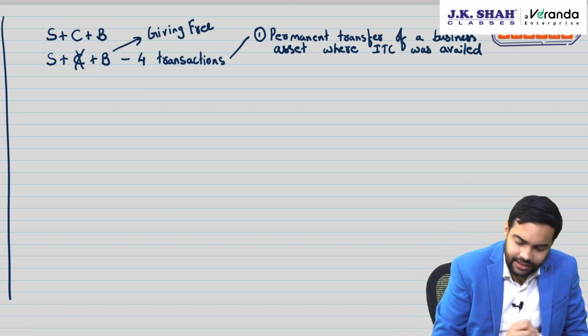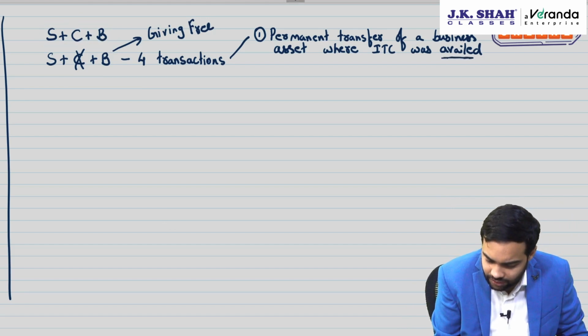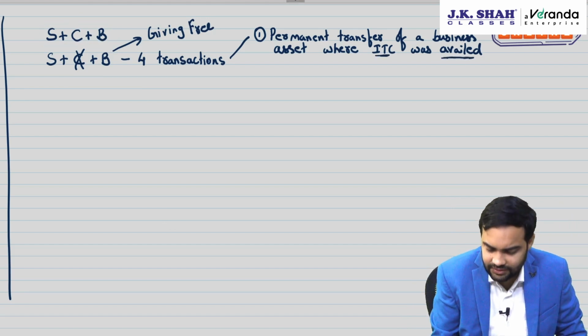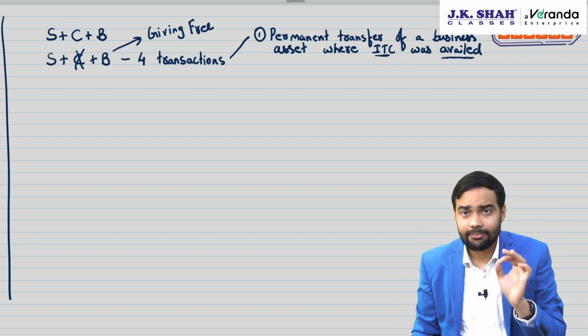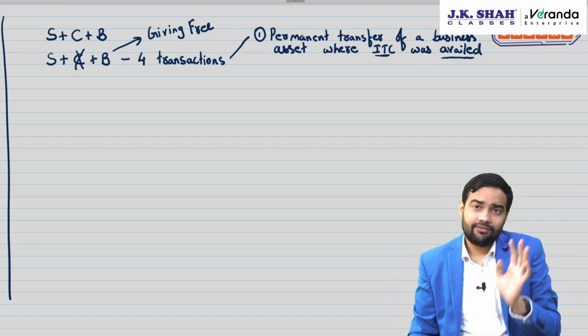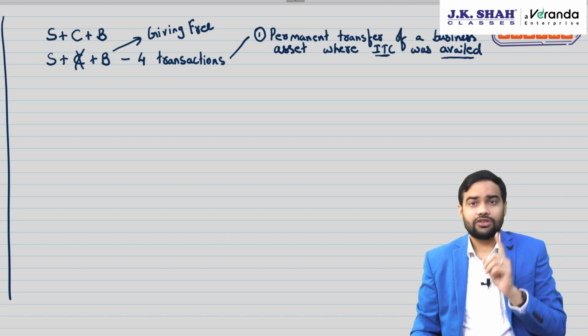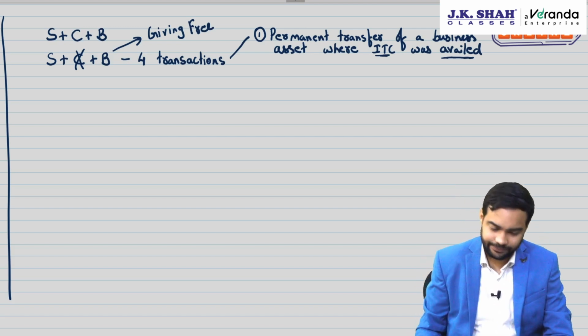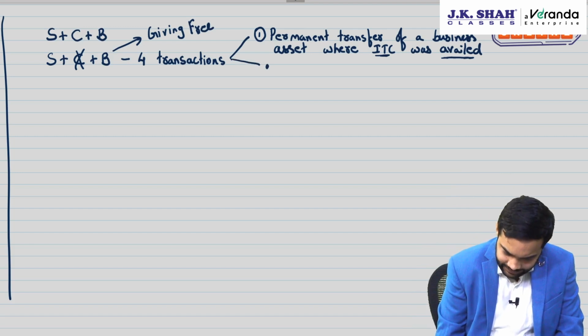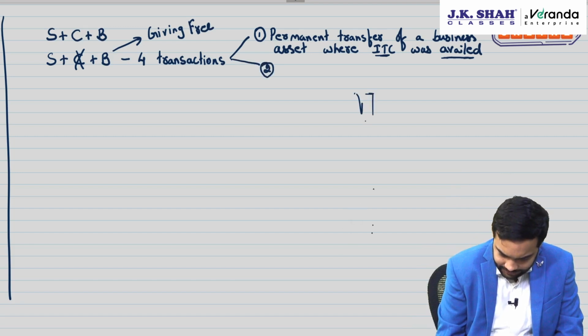But if you have availed ITC on purchase of those things which are given as free, then as you have taken a benefit from government by availing ITC, you will also have to discharge output tax on this transaction. Second, related person, distinct person.